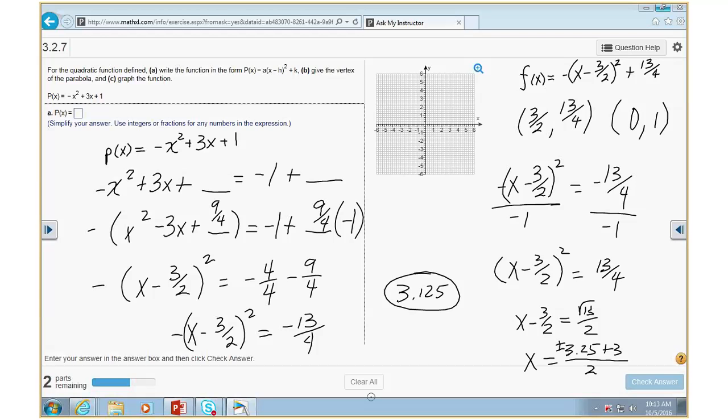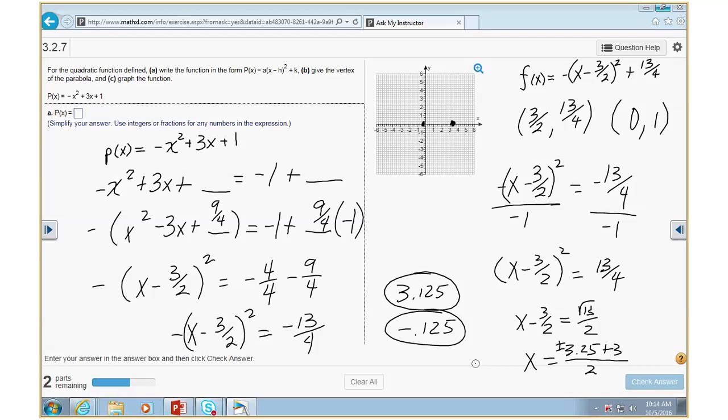And negative 3.25 plus 3 would be negative 0.25, which would be negative 0.125. So 3.125 and negative 0.125.